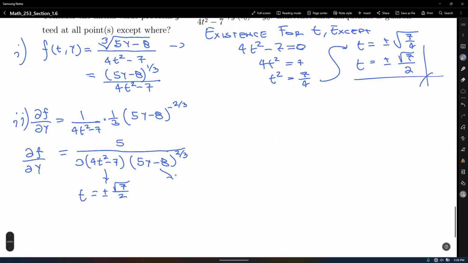But we also have another potential 0, where 5y minus 8 equals 0. That is 5y equals 8, or y equals 8 over 5. As long as we don't go through those points, we're good. Otherwise, we will have multiple solutions, two solutions, so we wouldn't have any uniqueness in the solutions. And it seems like that's the last example in the notes.